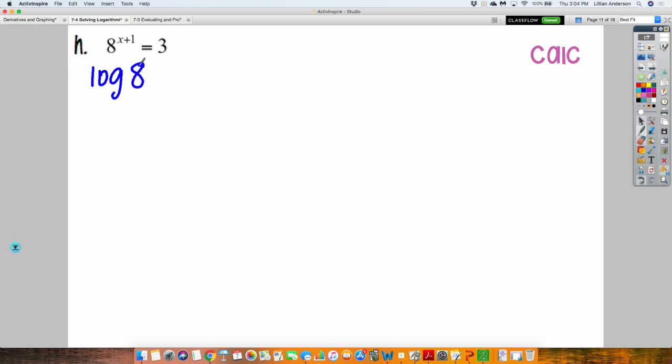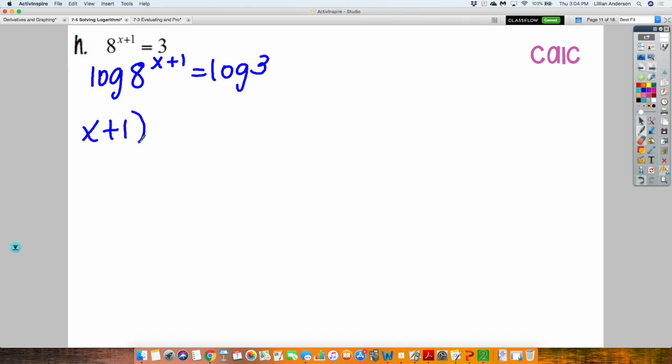When I take the log of both sides, this is what I have. It is a common logarithm, so that's a base of 10. And just like before, I can take that exponent and bring it to the front.